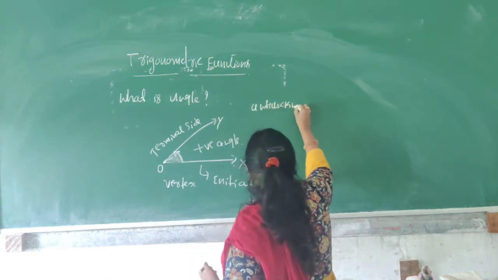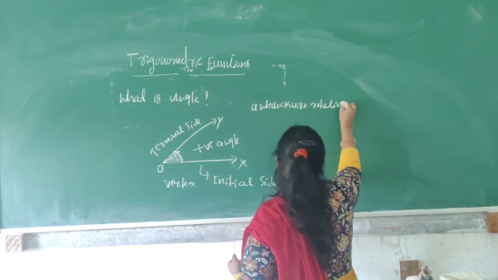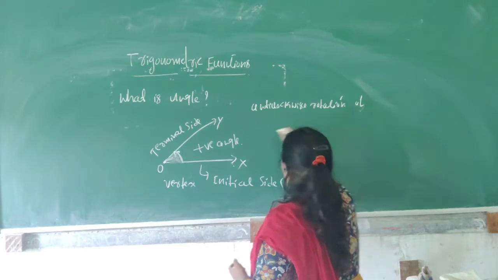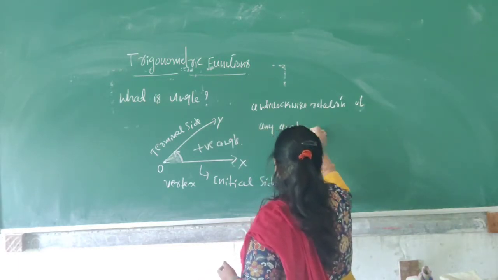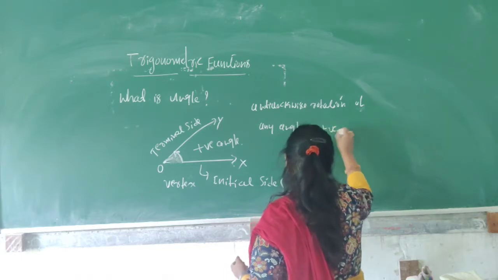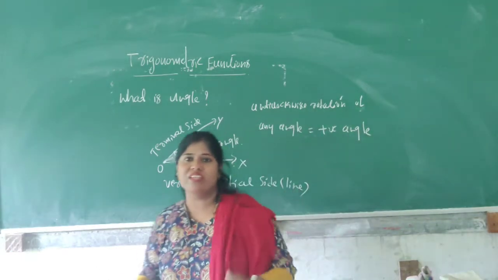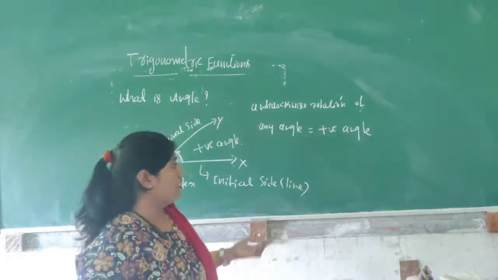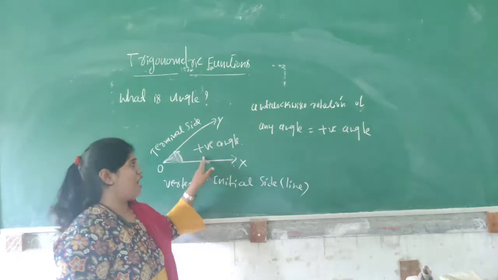Anti-clockwise rotation of any angle is a positive angle. So anti-clockwise direction of any angle is called a positive angle. This one is a positive angle.